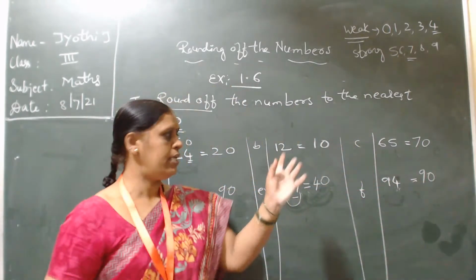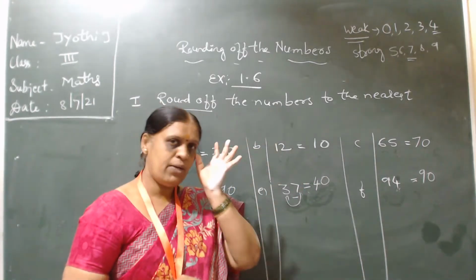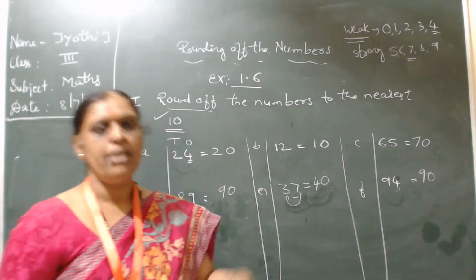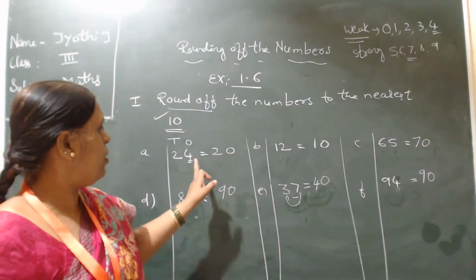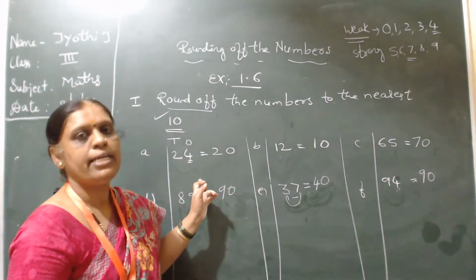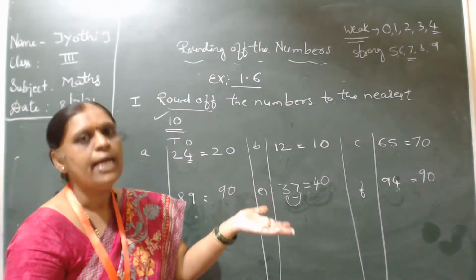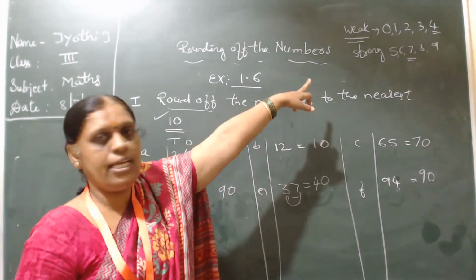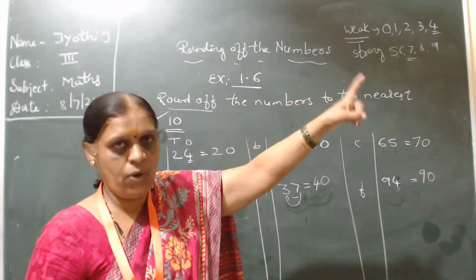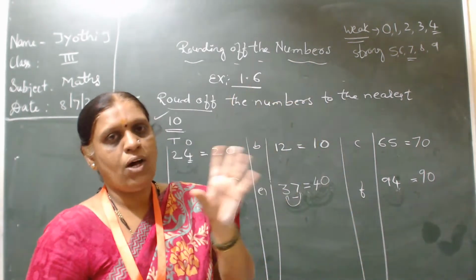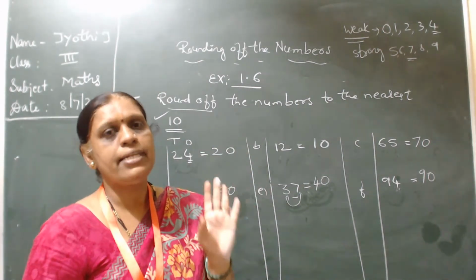Understand? You should think about why this number is changing or not changing. Whether we have to remain in the same tens or go to the next tens depends upon the ones number. In the first group we have 0, 1, 2, 3, 4, the weak numbers, and the tens remain the same; they do not change the tens.